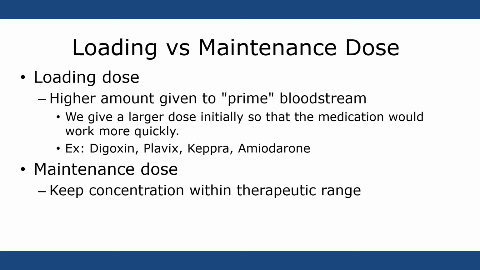So that's half-life. Now, there's a concept of loading versus maintenance dose. Loading is when you have to give a high amount upfront. Before we get into loading versus maintenance, the rule of thumb usually is that we start at a very low dose. I'm sure you know that.